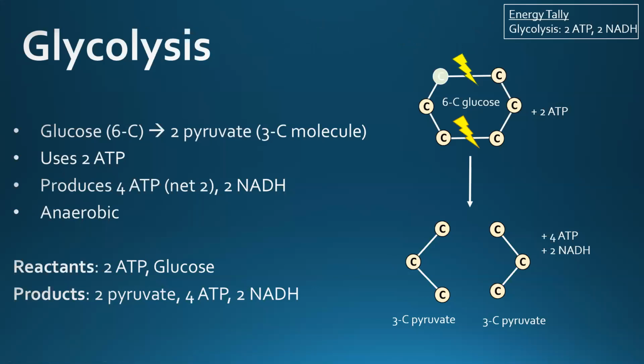Stage one is known as glycolysis. What you are doing in the process of glycolysis is you are taking one molecule of glucose, which is 6 carbons. You can count the 6 carbons, and you are producing 2 pyruvate molecules, which are 3 carbons each.